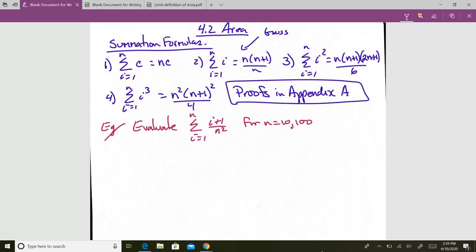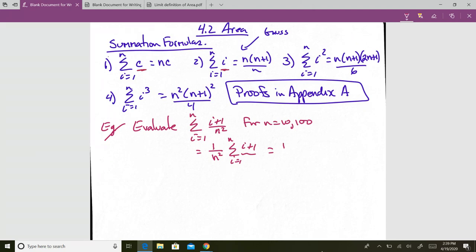So, first thing is n is a constant, so you can pull constants out of a sigma notation. The sum from i equals 1 to n of i plus 1. Now, you want to break this up, because we have a formula for i, and 1 is a constant, so we have a formula for that.